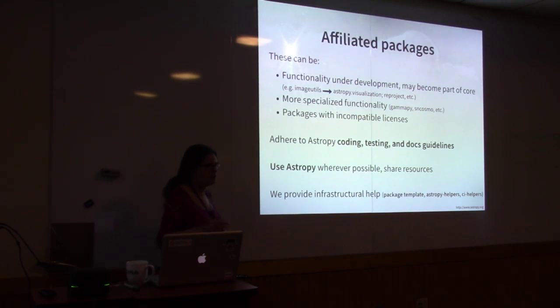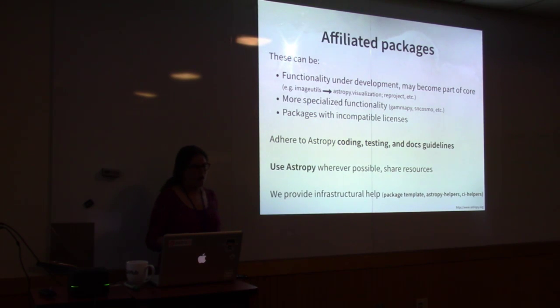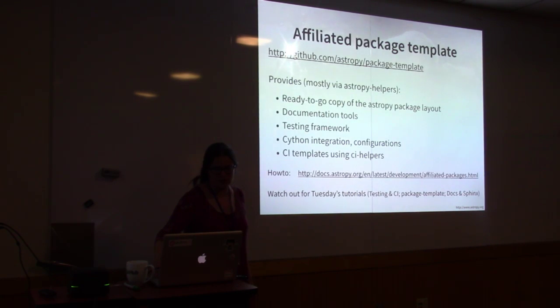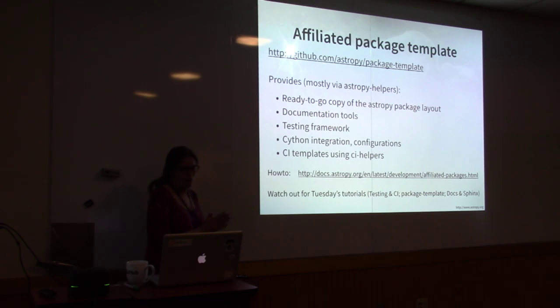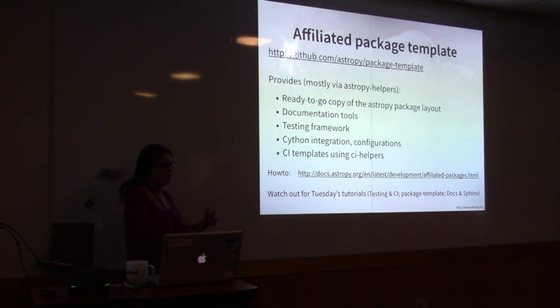And very importantly, we provide infrastructural help, including a package template, Astropy helpers, and there's help with CI, continuous integration, stuff like that. So what is in the affiliated package template? It's not a requirement to use the template to become an affiliated package, but it's very helpful. It provides tools for documentation, so everything is set up.